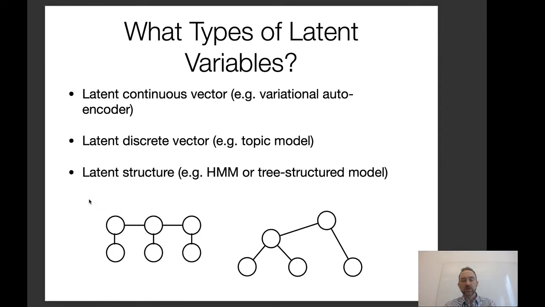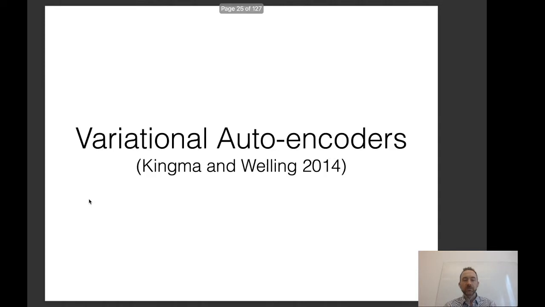The most common example of this is a topic model that induces topics over text. And they can also be latent structured variables, like hidden Markov models or tree structured models. So I'll talk about each of these in turn as we go forward.